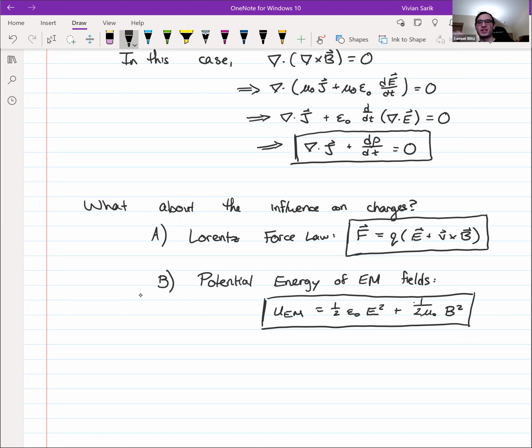But the potential energy density also tells us how charges move, because we know that objects tend towards reducing their potential energy, and so the charges will move in such a way so that the potential energy is reduced. And so if a charge starts moving, it will create more magnetic field, which will increase the potential energy, and so on. So both of these equations, either A or B, they both include all of the information about how the fields affect the charges.